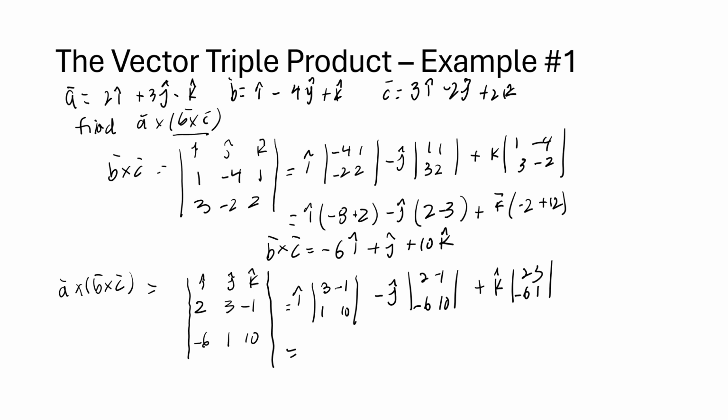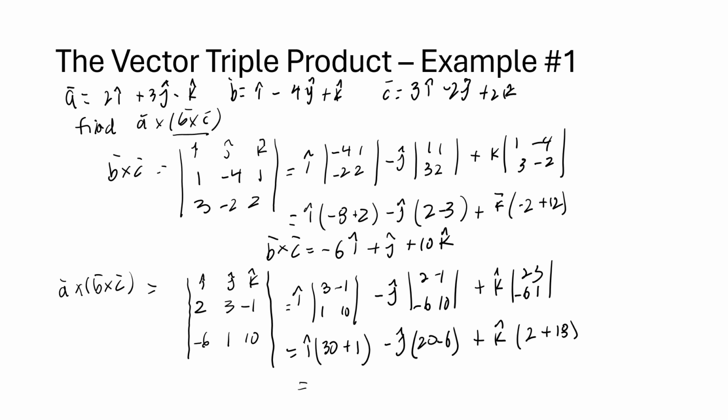Expanding that out, we're going to get i times 30, and then that's going to be a plus 1 minus j, and cross multiplying it up, that's 20, and it's going to be a minus 6. So 20 minus 6, and then plus the k term we've got here, 2 plus 18, so that's a 20.